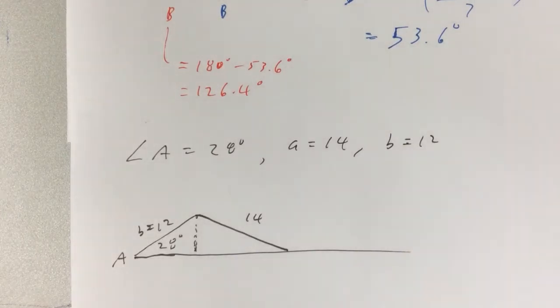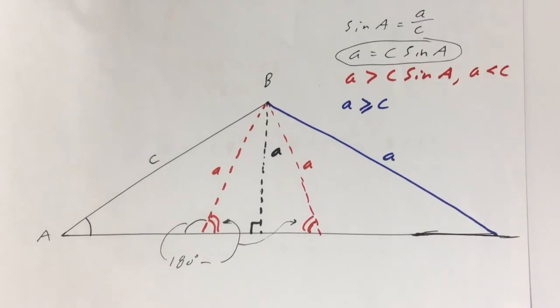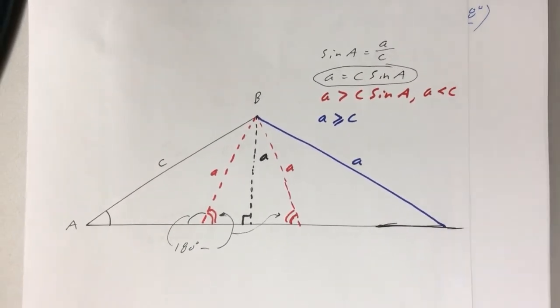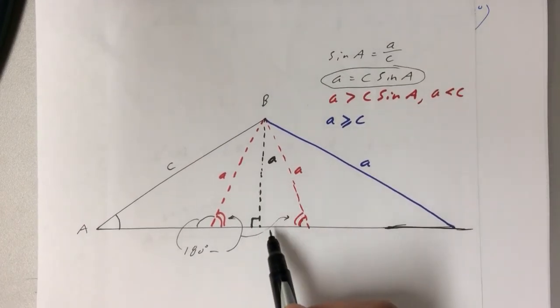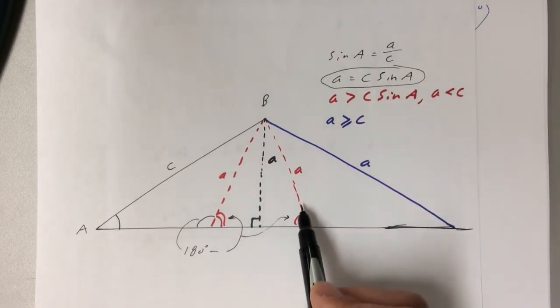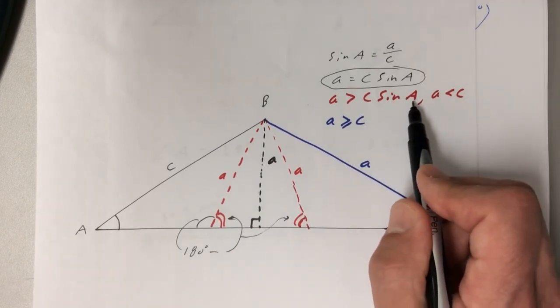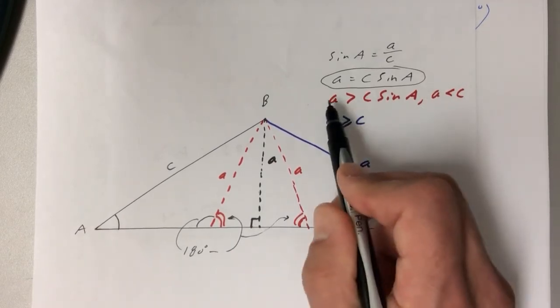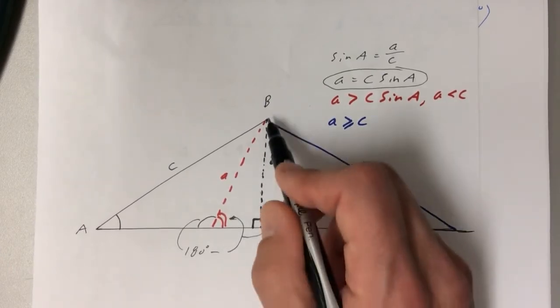Okay, and this is like a diagram that would show you what's going on. Okay, so this is the shortest side. This is when A is bigger than C sine A, but less than C. So A is bigger than this shortest side.